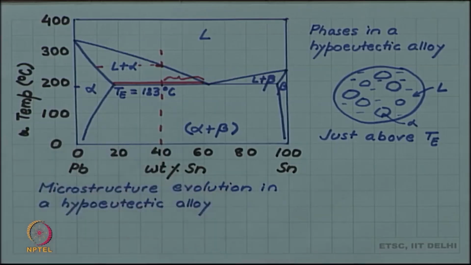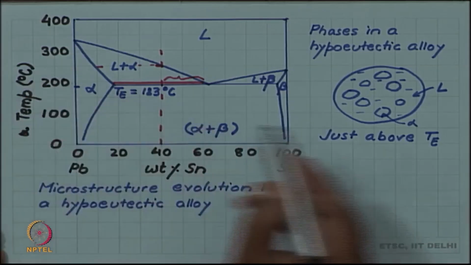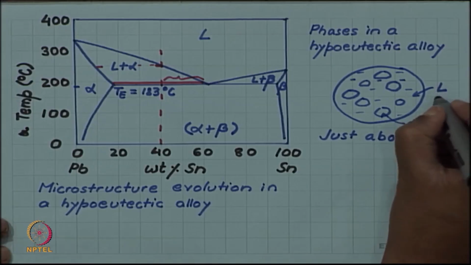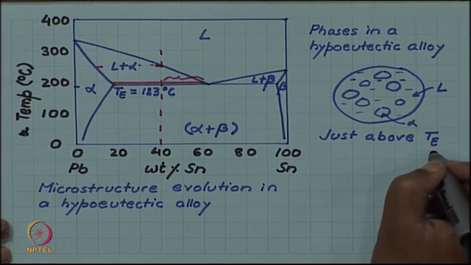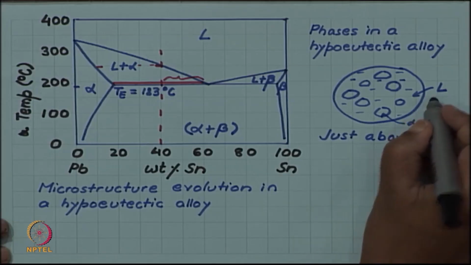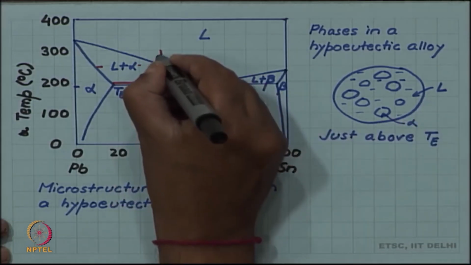And that is why it will transform to both alpha plus beta. Let us first look at what is the composition of this liquid. We are at a temperature just above TE. How was the composition of the liquid evolving?